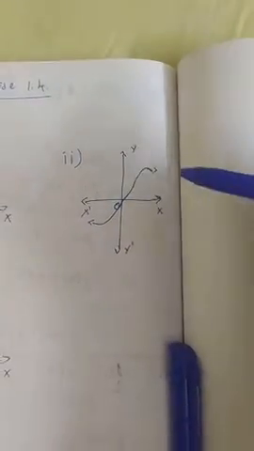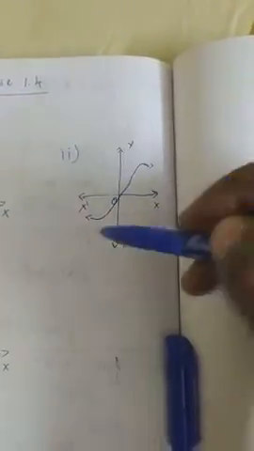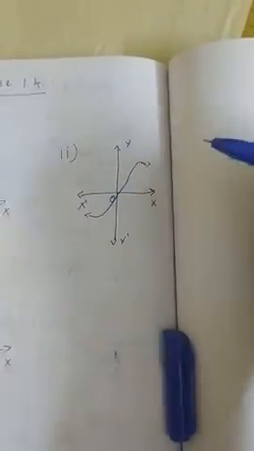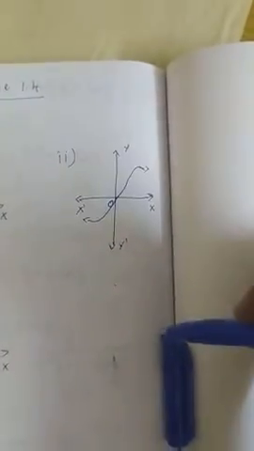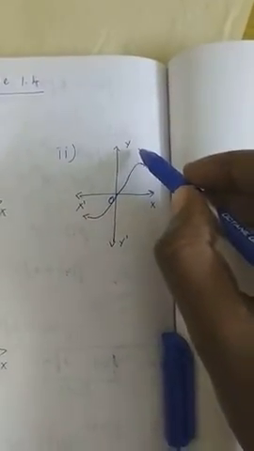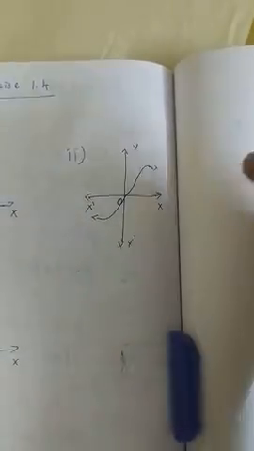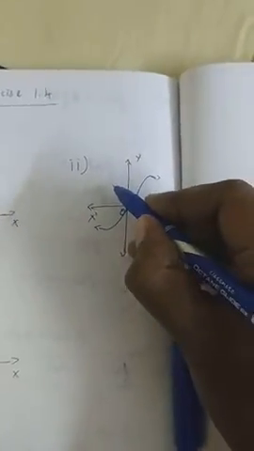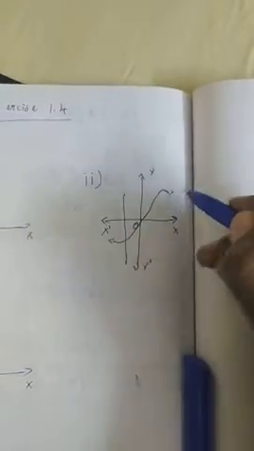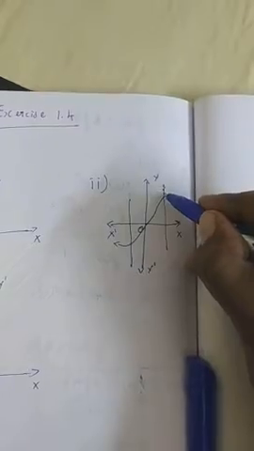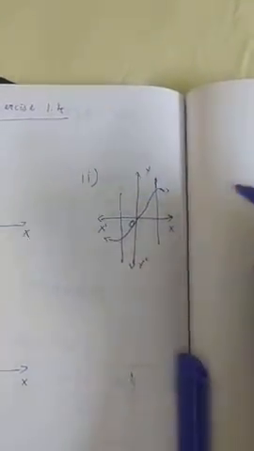Here also we have a curve. We have to check whether it is a function or not. Same procedure. We have to draw the vertical line at any spot. For example, you can draw here also, you can draw here also. Wherever you want, you can draw. Some of you may have this doubt, right?